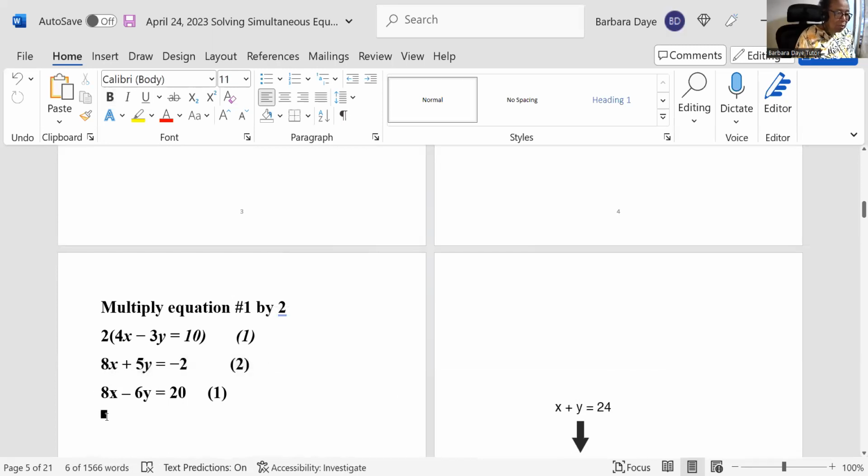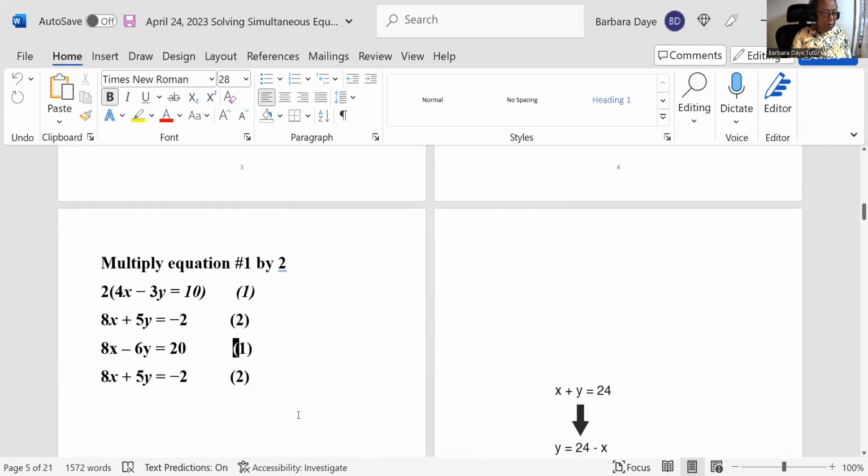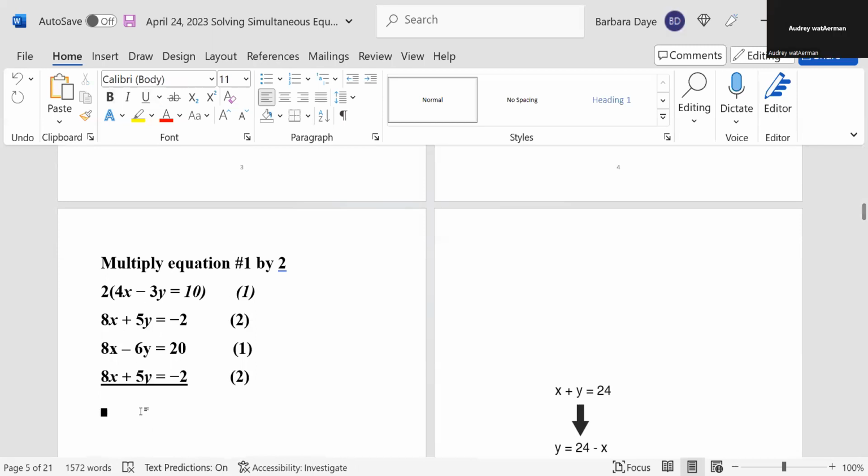Now, Audrey, what can we do? Subtract. That's it. You can subtract equation 2 from equation 1, right? So let's draw a line here and do your subtraction. What do you get, Audrey, when you subtract? 8X minus 8X is what? 8x minus 8x, that's a 0.